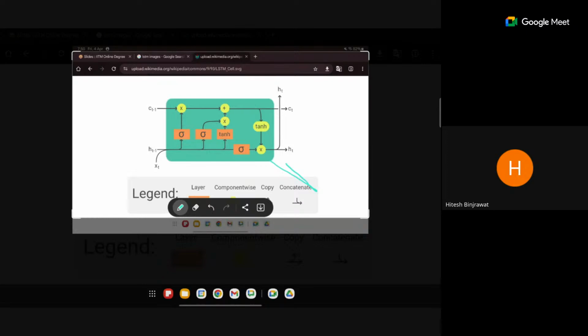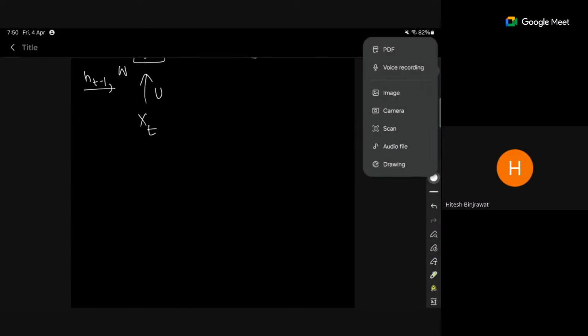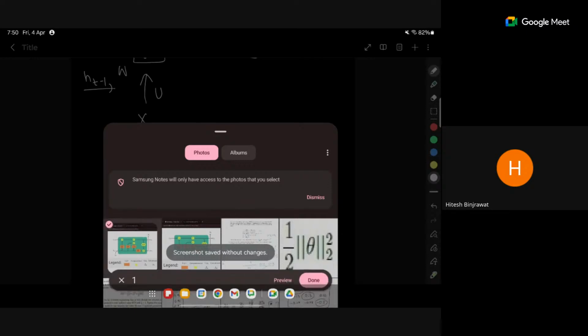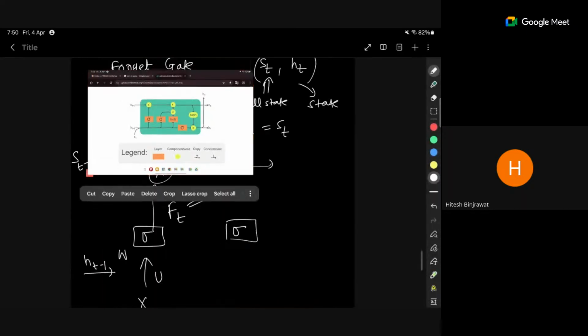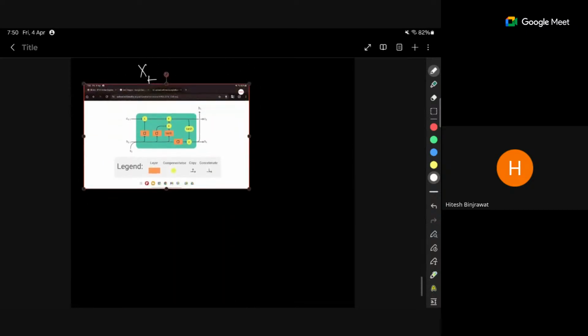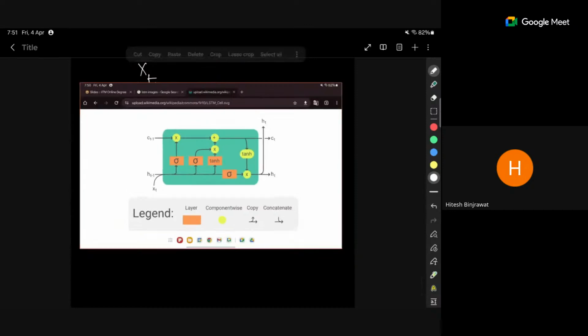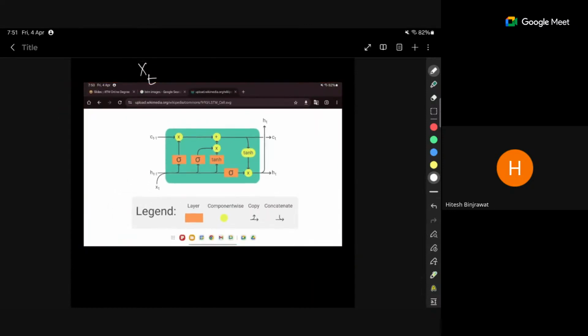So yeah, this is how LSTM actually looks. This is what the LSTM architecture is.